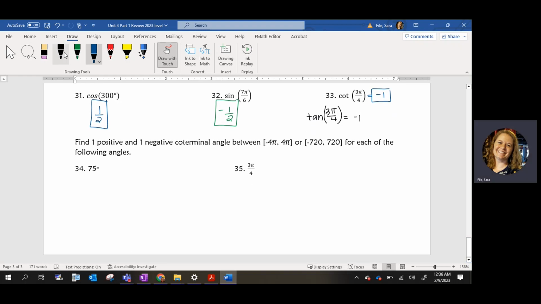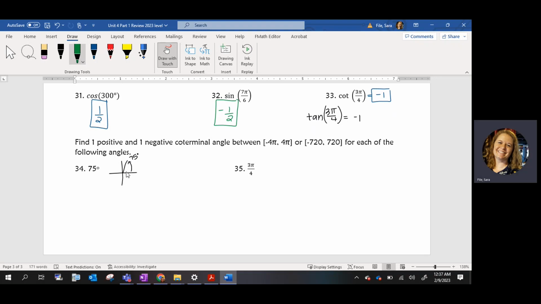All right, and then the other thing that you need to be able to do is finding coterminal angles. It says find a positive and a negative coterminal angle. So remember, coterminal angles, so we say 75 degrees, that's right here. Coterminal angles is literally just adding 360 or subtracting 360 if you're in degrees.